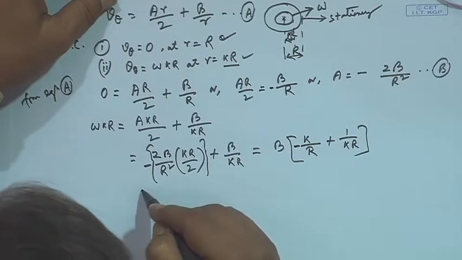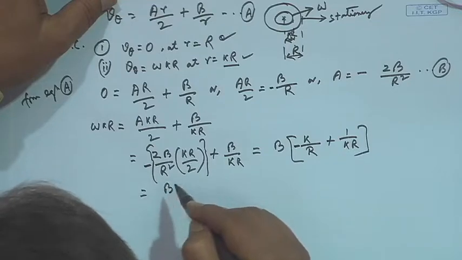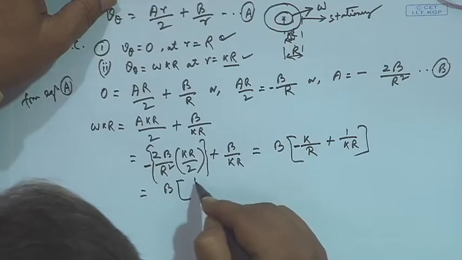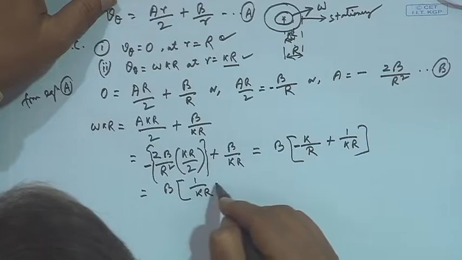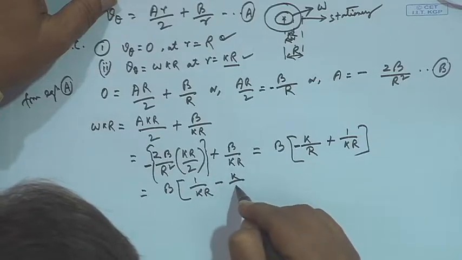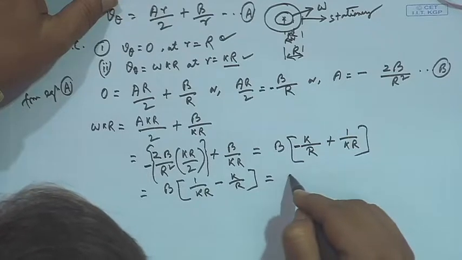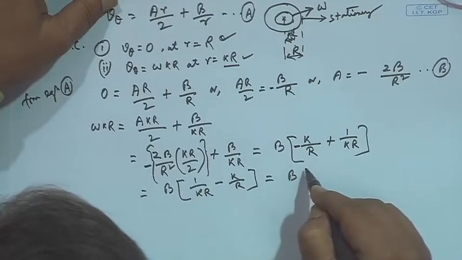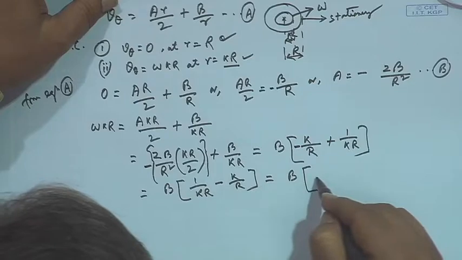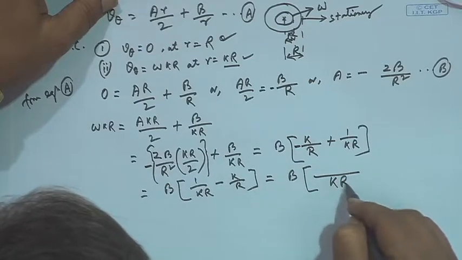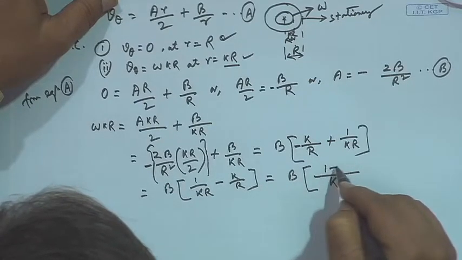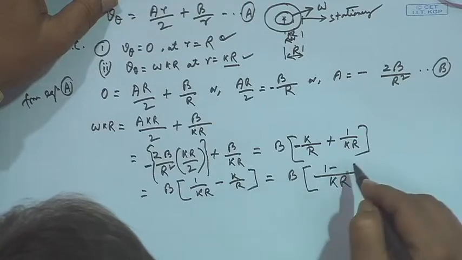So, this on simplification we can write B into 1 by KR minus K by R, right. So, on further simplification we can write this KR. So, 1 minus this is K.